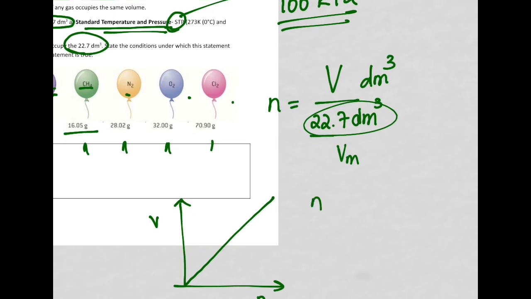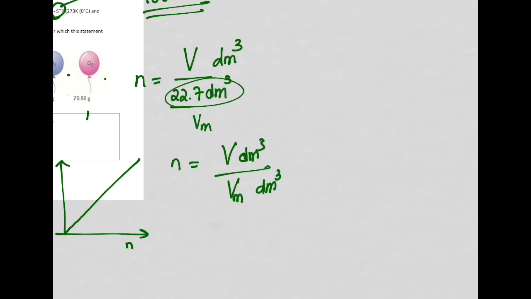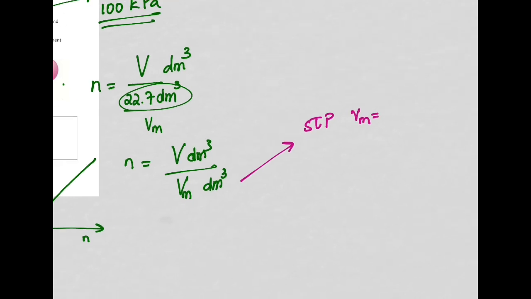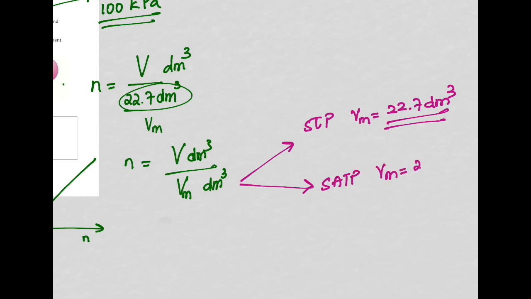So number of moles of any gas is volume of the gas divided by molar volume. And you have to know that at STP, molar volume is 22.7 dm cube. This is found in the data booklet. But at SATP, the molar volume is 24 dm cube.